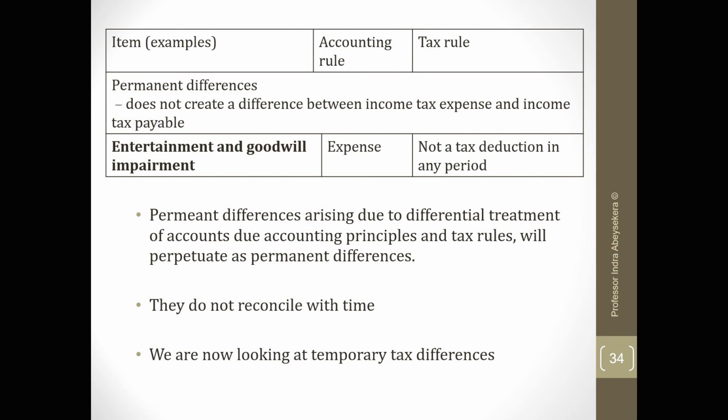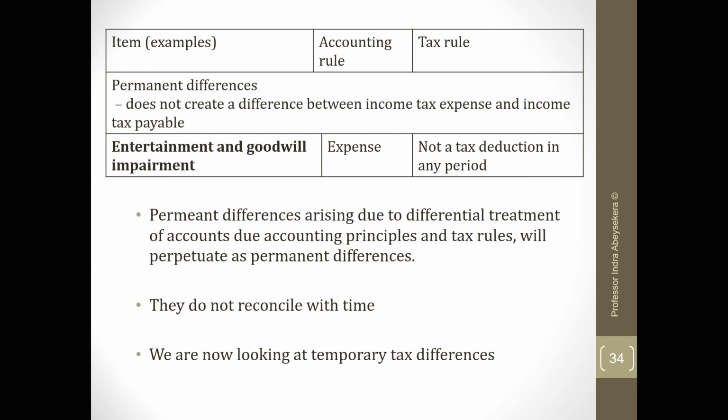There are a few items that can create permanent differences, such as entertainment and goodwill impairment. They are not a tax deduction in any period.